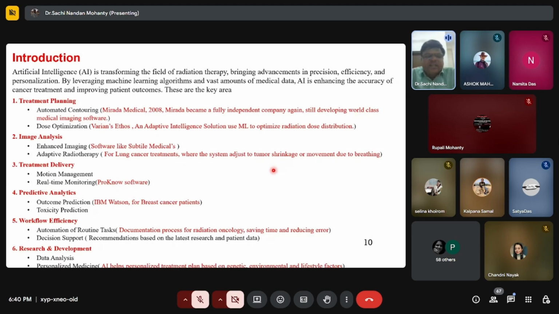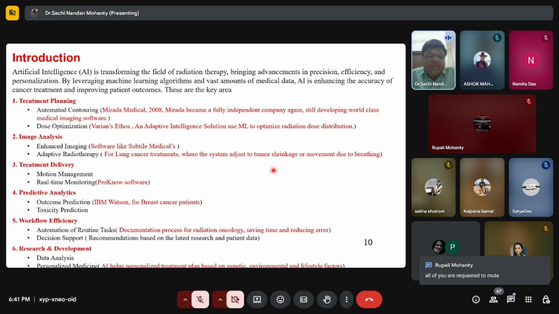Then predictive analysis and outcome prediction: IBM Watson developed a product particularly for breast cancer patients. Given all the symptoms of the particular patient, the software will develop an outcome prediction.